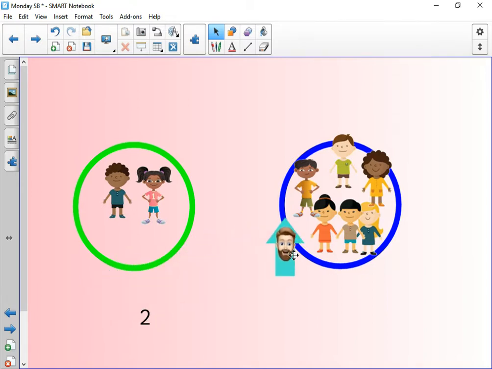In the second group, how many children are there? 1, 2, 3, 4, 5, 6 children. So these two groups are unequal because there's a different number of children in each group. Unequal.